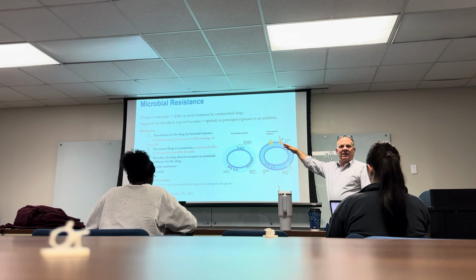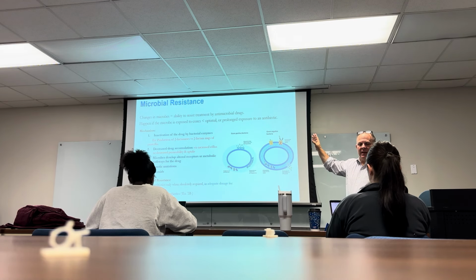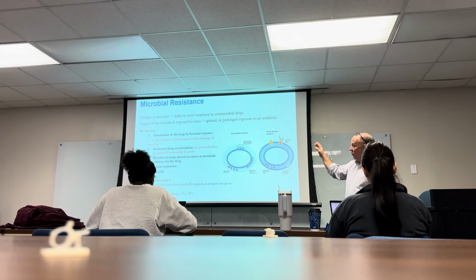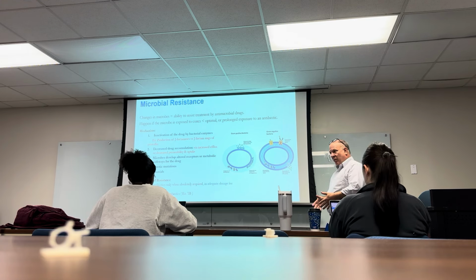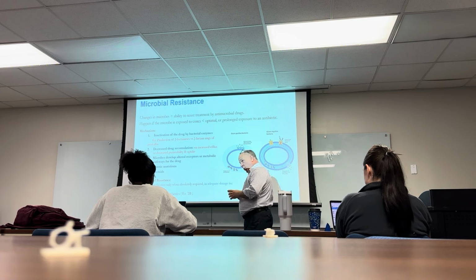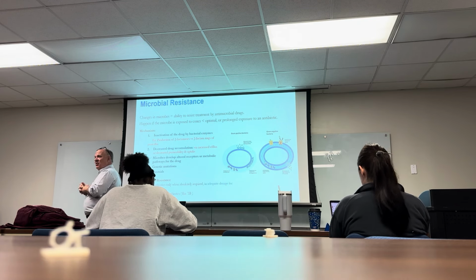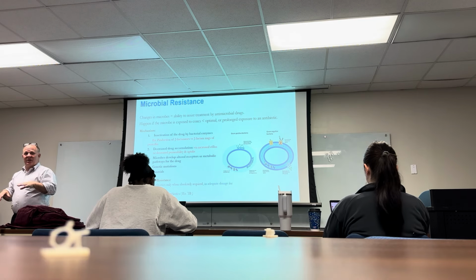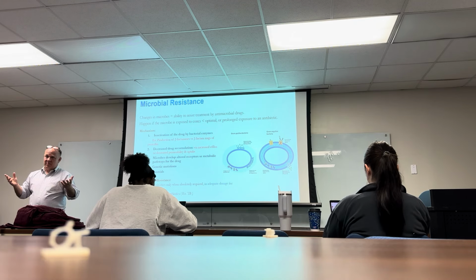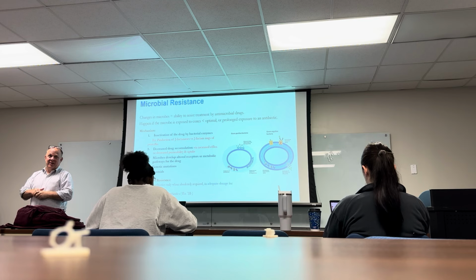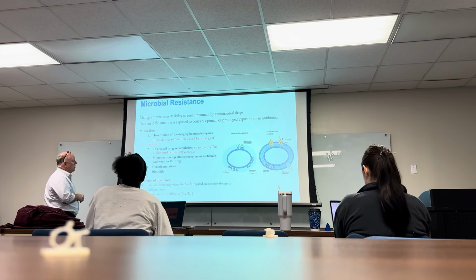You see some of this in the antibiotics. What you see is a decrease in permeability. For some of your gram negatives, the way the drugs get through is through porins. So what they'll do is decrease the number of porins, so less drug is able to penetrate the cell and destroy the cell.